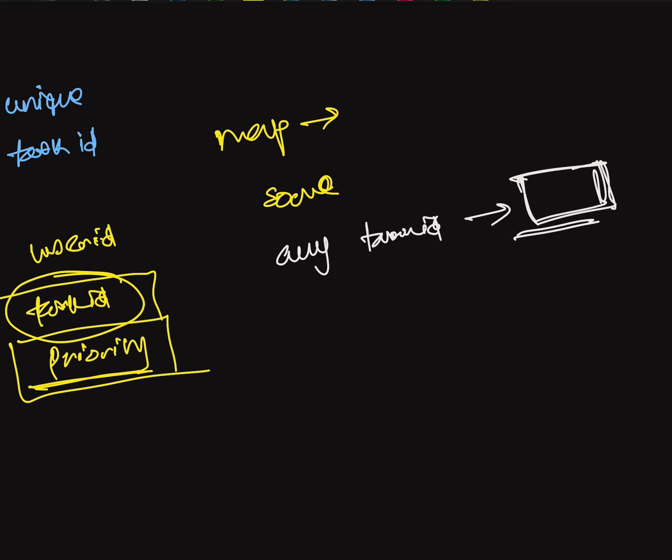We have to create a new task with the new priority. The map stores the user ID, the old priority and the task ID. Against the task ID, I will modify the new priority and store the new modified data into the priority queue. This is the logic.